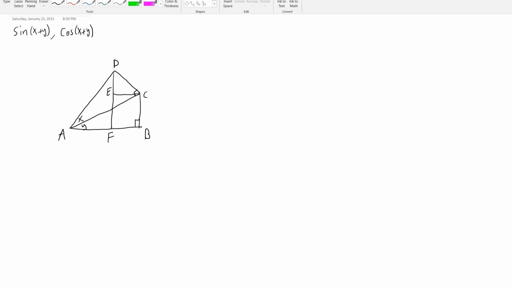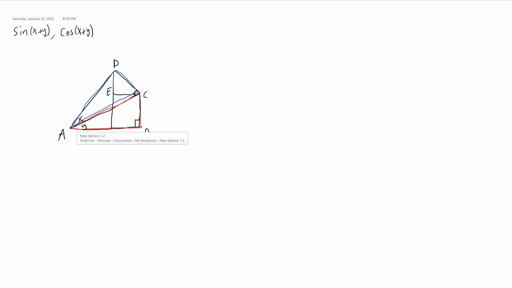So the important thing here to note is that this triangle is going to allow us to calculate the trig functions of y. This triangle is going to allow us to calculate the trig functions of x. And then this triangle is going to allow us to calculate the trig functions of x plus y.